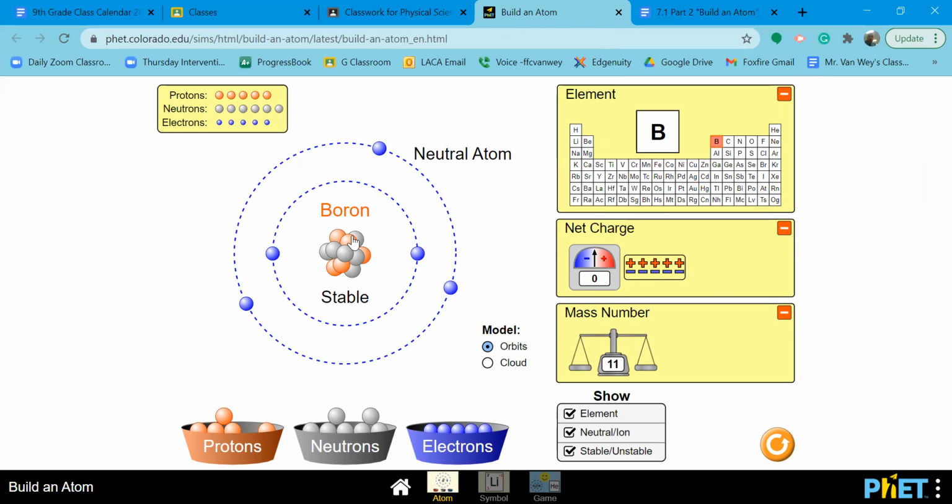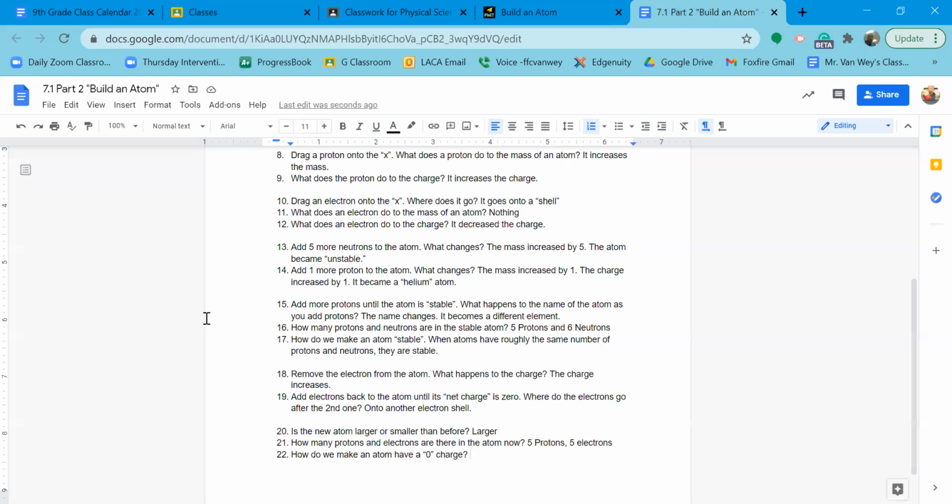The stable thing has to do with roughly equal numbers, like we have 1 more neutron than protons. That one's a little more complicated. But for neutrality, for positive, negative, we just need exactly equal. Atoms have 0 charge. Exactly.